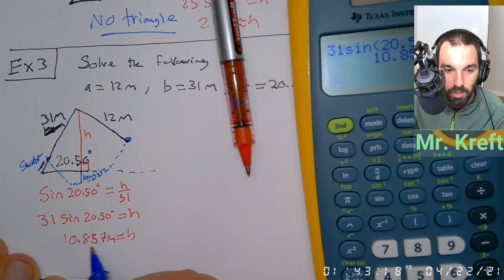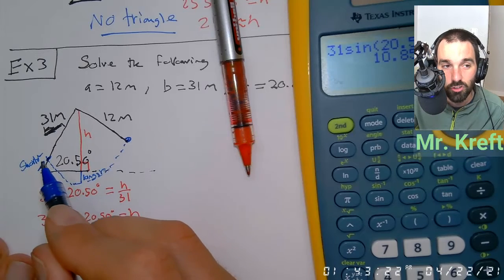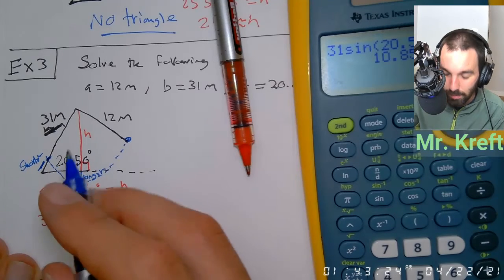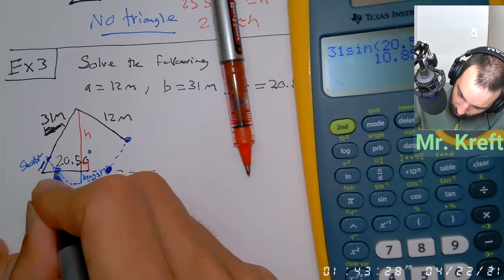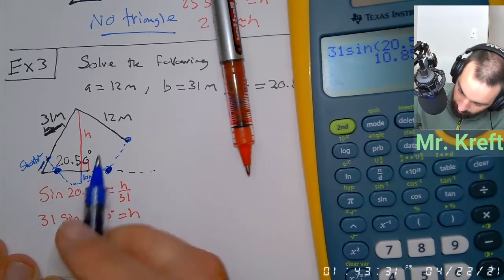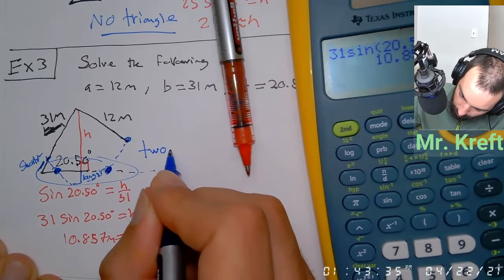So it's longer than 10.85, so it has to go below the height, but it's shorter than 31, so it has to go above. But what that tells us is that there is how many solutions? There are 2 solutions.